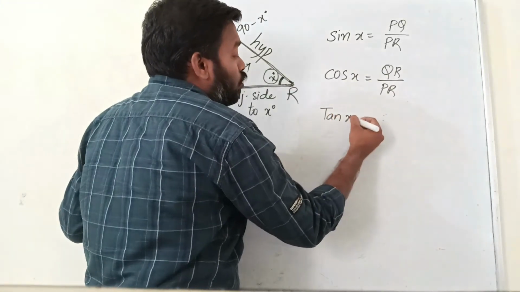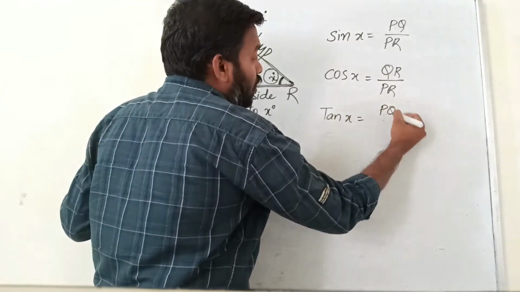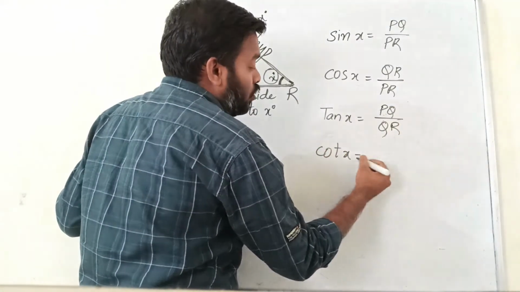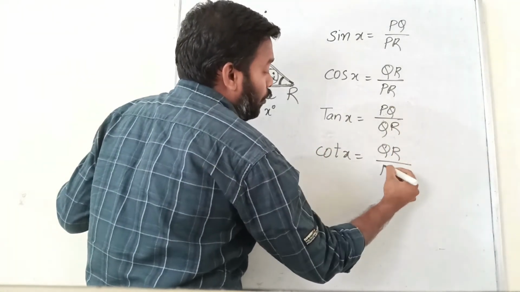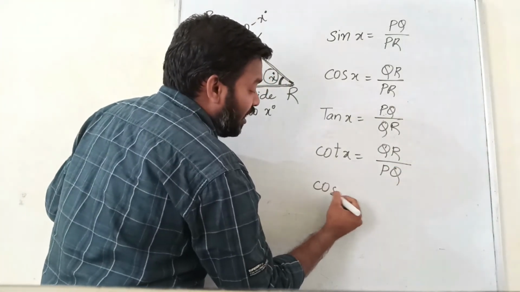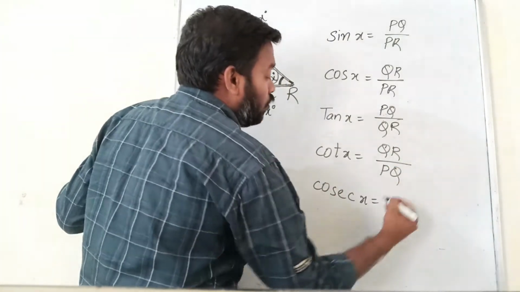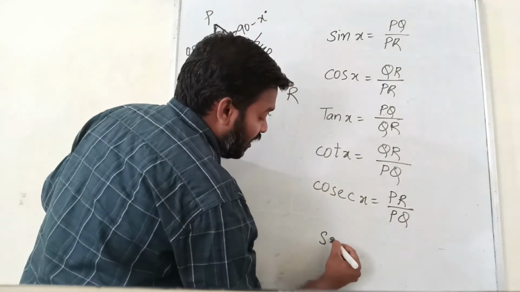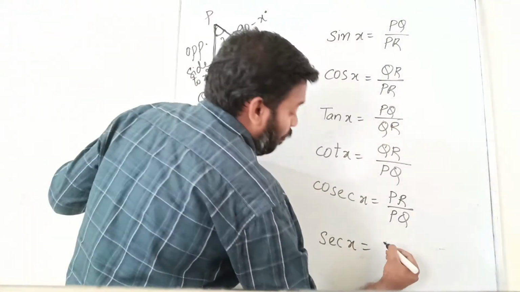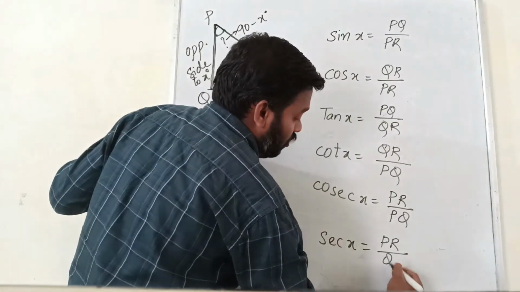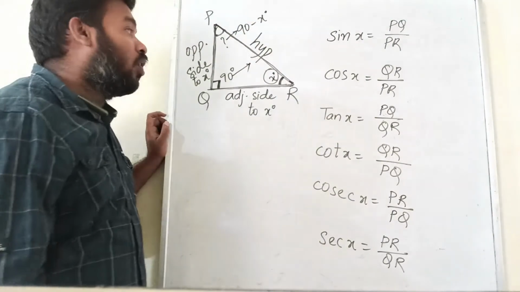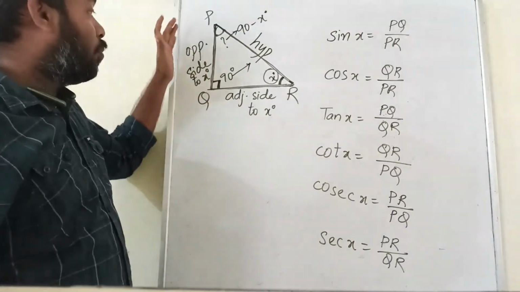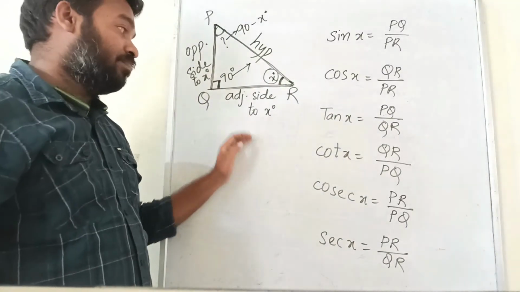Tan x is equals to PQ by QR. Cot x is equals to QR by PQ. Cosecant x is equals to PR by PQ, and secant x is equals to PR by QR. These are the values we have got when we have taken x into consideration, by determining opposite side to x and adjacent side to x.